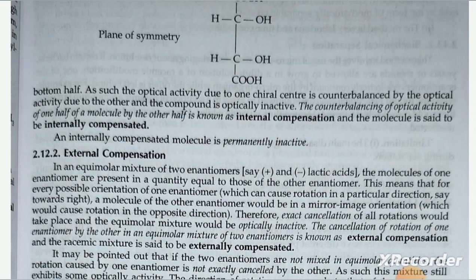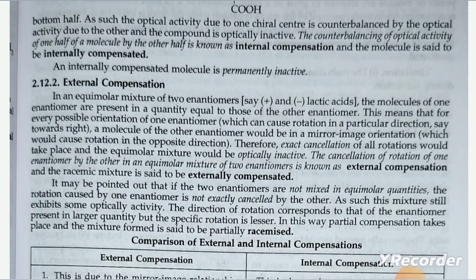Second is external compensation. In an equimolar mixture of two enantiomers, say plus and minus lactic acid, the molecules of one enantiomer are present in a quantity equal to those of the other enantiomer. This means that for every possible orientation of one enantiomer, which can cause rotation in a particular direction, say towards right, a molecule of the other enantiomer would be in the mirror image orientation, which would cause rotation in the opposite direction.